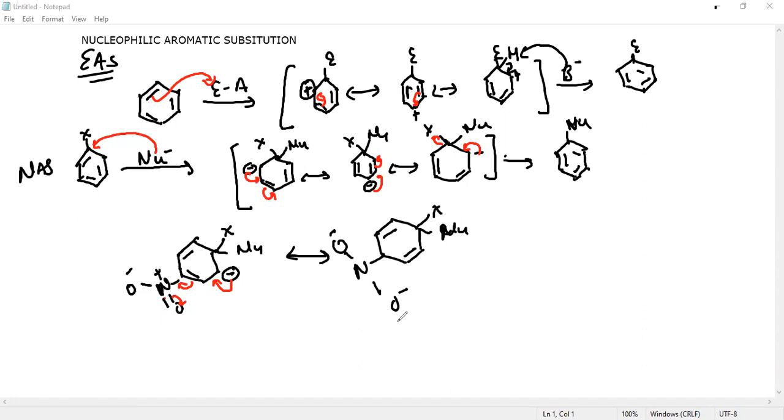So electron withdrawing groups on the benzene ring stabilize the intermediate and make them more favorable to nucleophilic attacks. Just in the same way, an electron donating group on the benzene ring invites the attack of electrophilic molecules, right? So electrophiles, making it more prone to electrophilic aromatic substitutions.